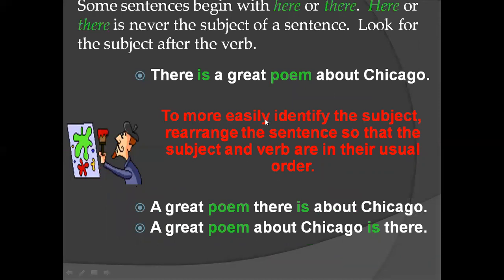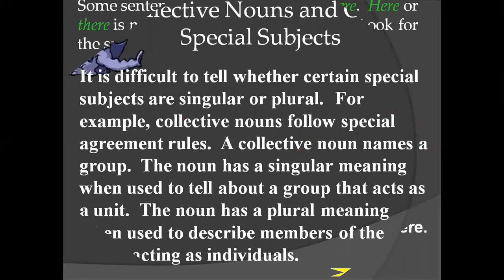And about identifying the subject and verb agreement, let's see: a great poem there is about Chicago. Here you can see the rearrangement of the verb from its usual order, but anyway, it doesn't change the form of number.